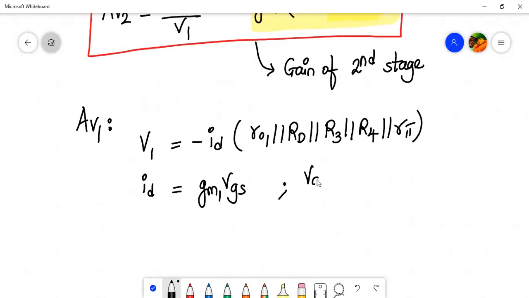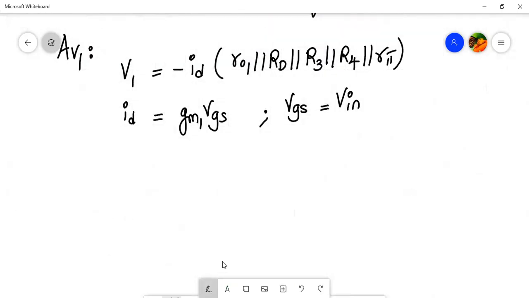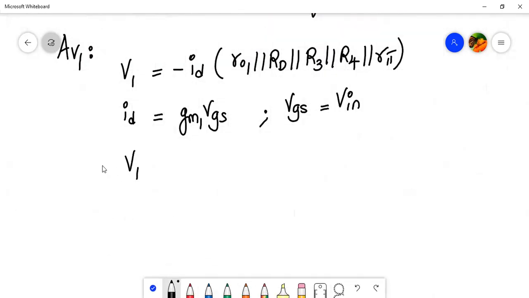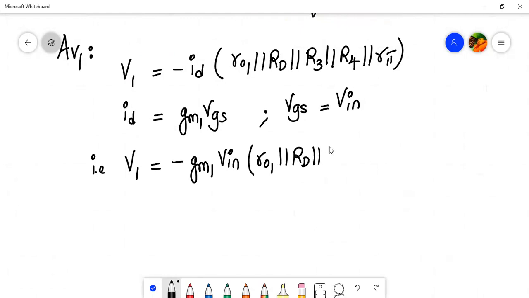And what was the value of VGS? VGS is nothing but Vin. Now let me rephrase the formula expression of V1. So V1 will be equal to minus of gm1 into VGS, where VGS is Vin. So gm1 into Vin into these five resistances in parallel: ro1, RD, R3, R4 and R pi, right?